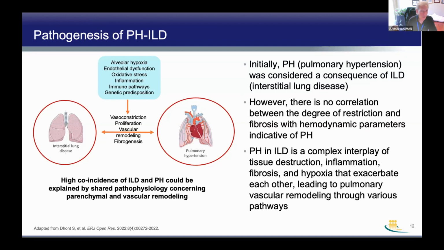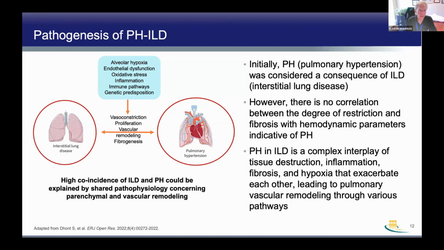Initially, pulmonary hypertension is probably a consequence of interstitial lung disease itself, whereas that disease progresses, it impacts the vascular structures, impinging and causing loss of vascular structures, which will drive up pressure, but probably accounts for mild to moderate pulmonary hypertension.